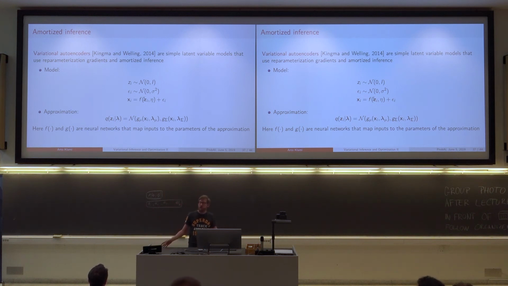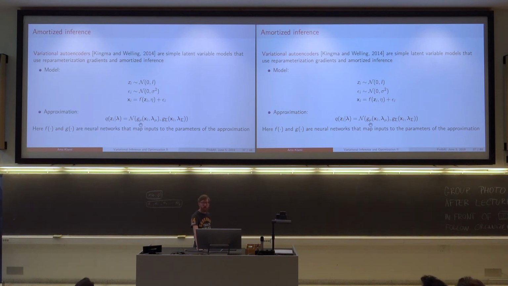What we want to do is variational approximation over these latent variables. So we want to learn Q of Z parameterized by some lambda. And we don't want to do this by introducing independent parameters for all of our latent variables, but instead we use the amortized inference idea.